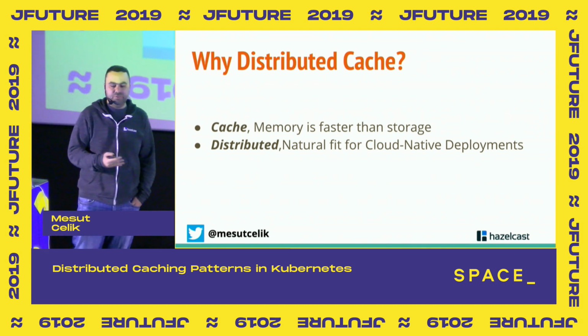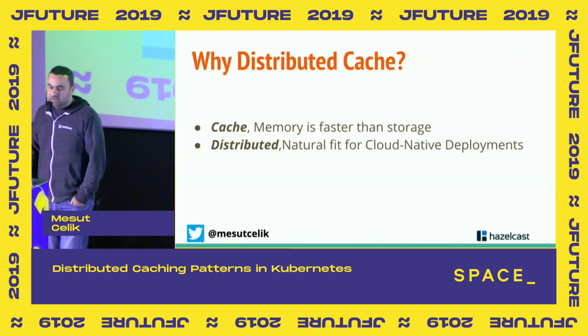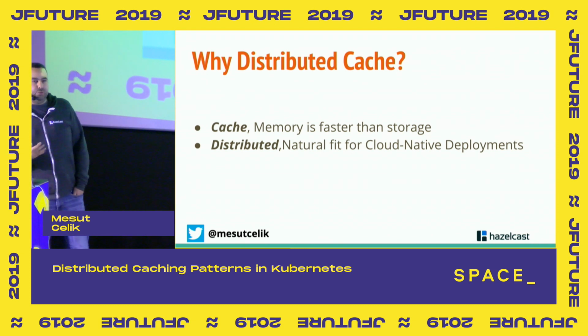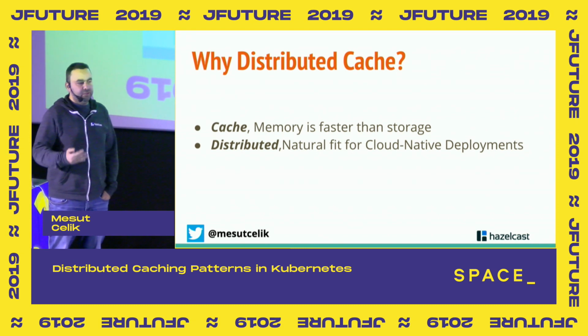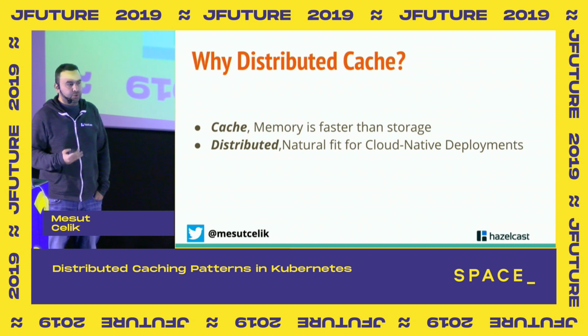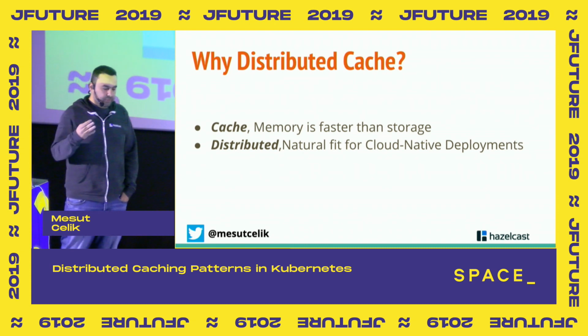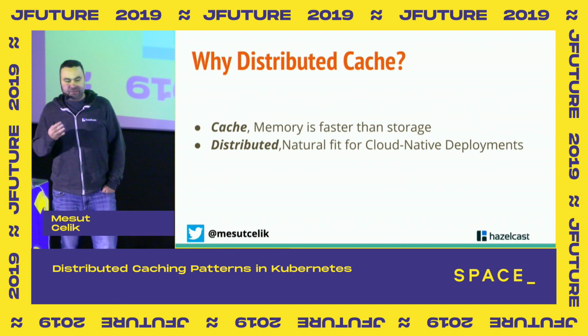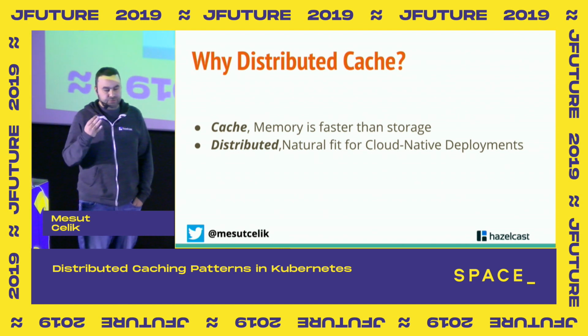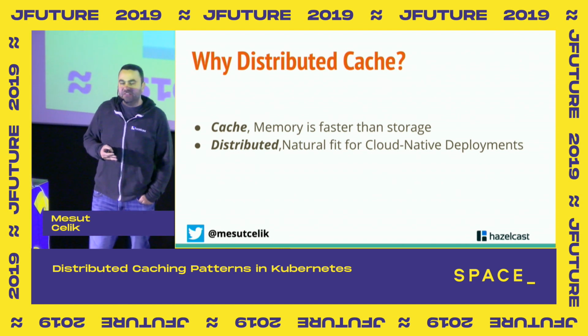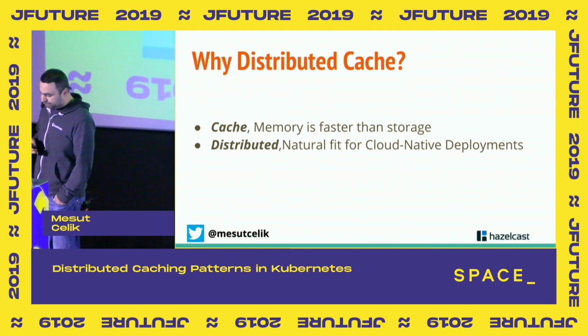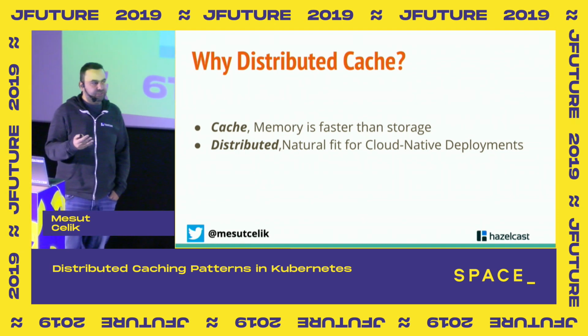You do batch processing, stream processing. But you also need to do caching if you need high performant microservices or applications, because caching is using memory, and memory is faster than reading from storage. So that's the main reason.